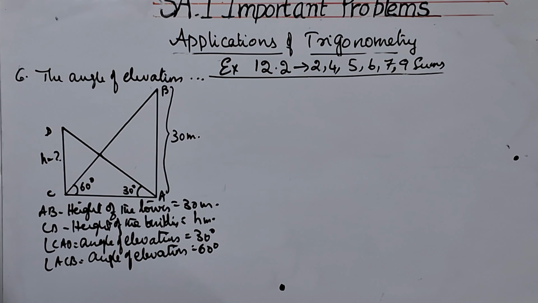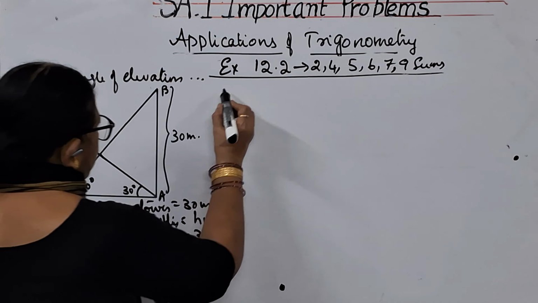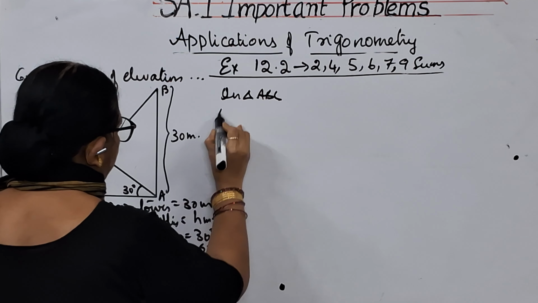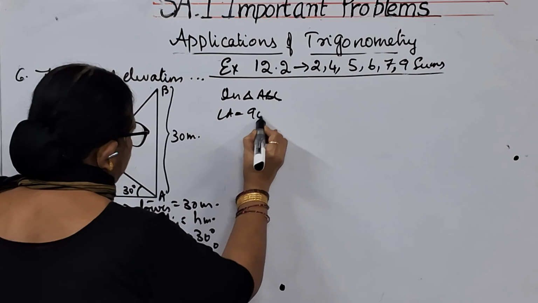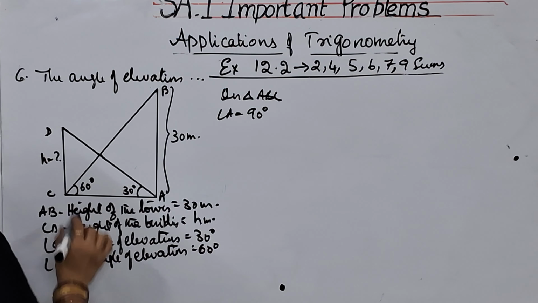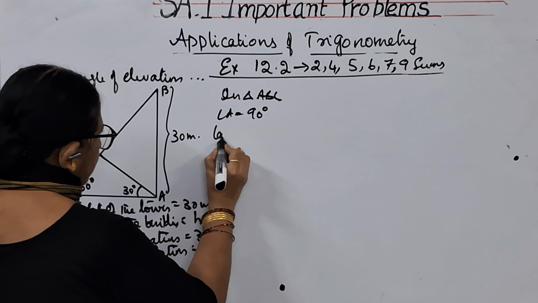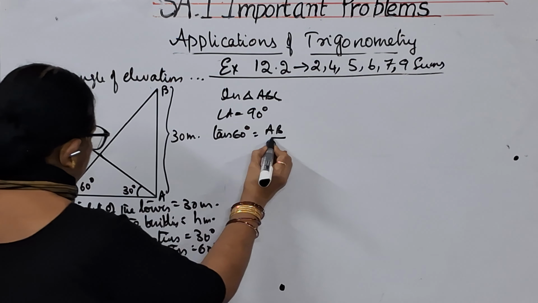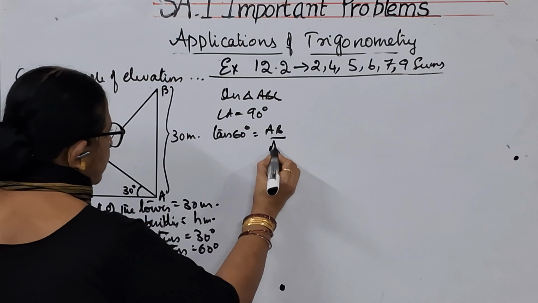Now, let us take triangle ABC. In triangle ABC, angle A is 90 degrees. So, for 60 degrees, you take tan 60 degrees equal to AB by AC.